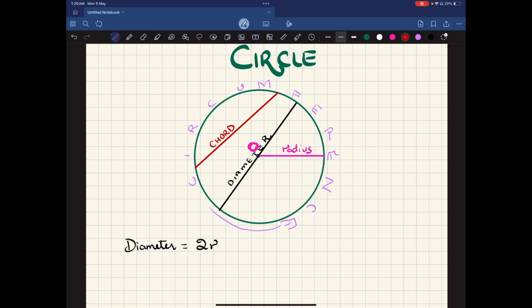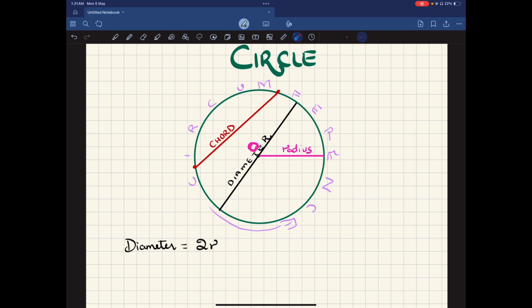A line segment connecting any 2 points on the circumference of the circle. The longest chord of a circle is basically the diameter. The diameter passes through the center, but it is not necessary for different chords to pass through the center. So this is a chord, this is a chord, this is a chord. A line which connects any 2 points on the circumference of a circle qualifies as a chord.